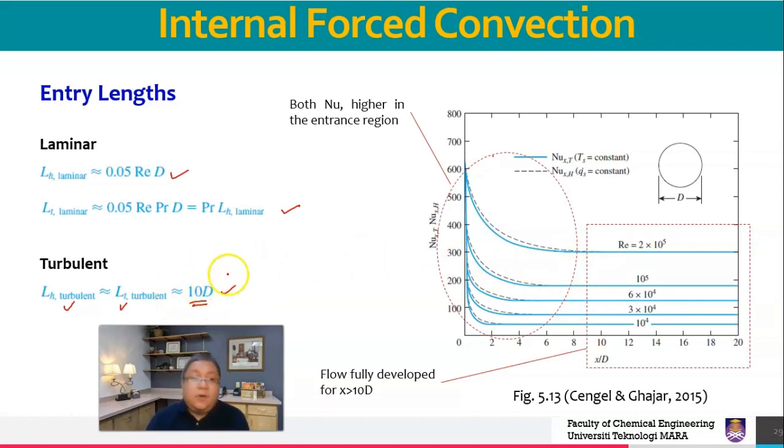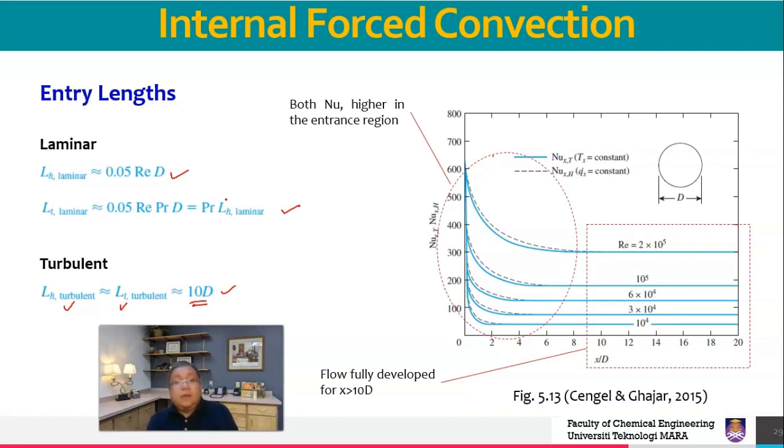For the initial region or entrance region, it can be these two formulas. So the length of the pipe is very important. You need to determine whether the length is sufficient for that particular system.